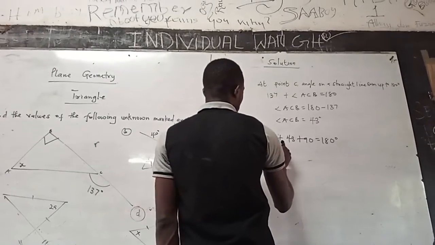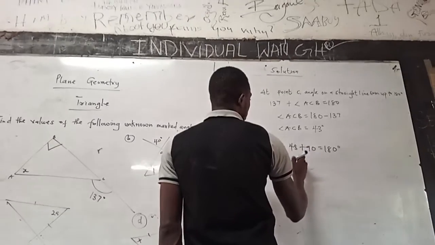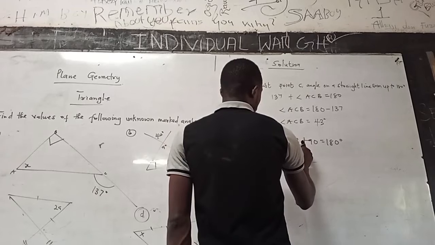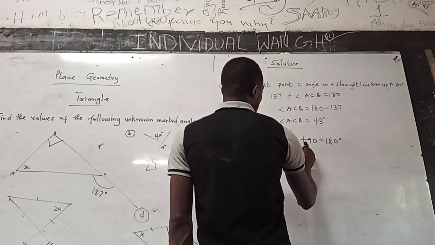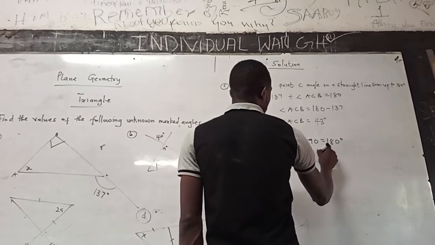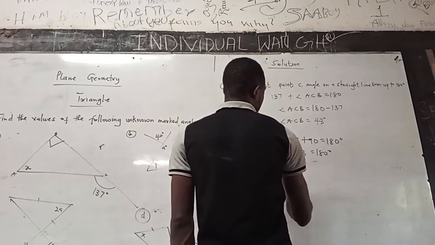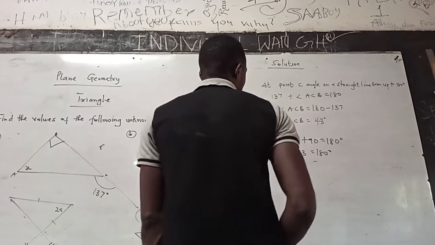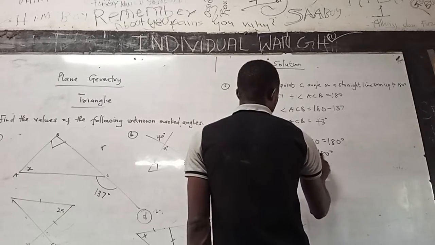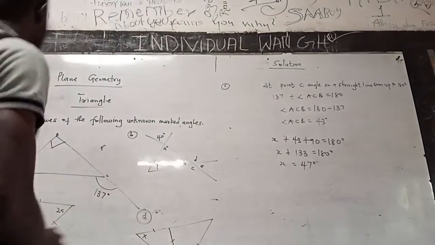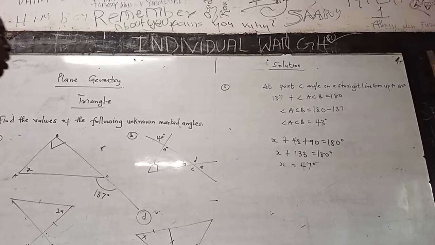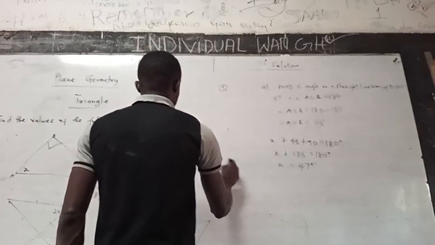So x plus this is going to be 133, and 133 is equal to 180. When you take this one from 180, you are going to get 47. So x, the value we were asked to find, is 47.